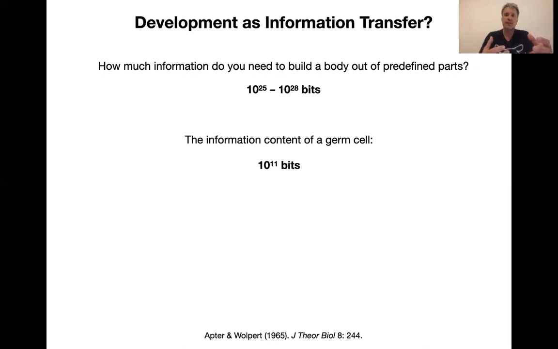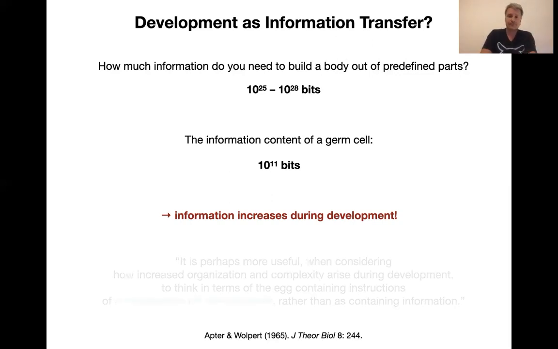Okay, 14 to 17 orders of magnitude, massive, galactic, huge, humongous, that you can say with some confidence that information must increase during development. So you cannot simply apply Shannon theory to development and say, okay, development is a channel where the genome is transmitting information to the adult phenotype.